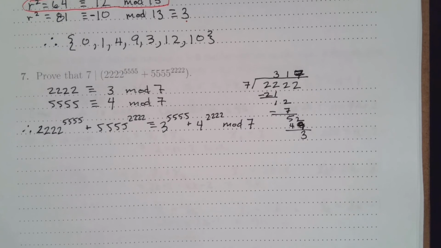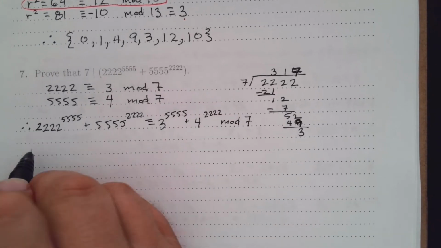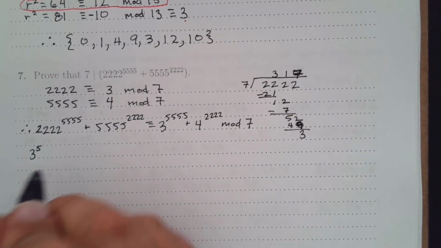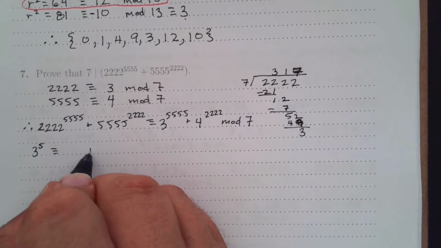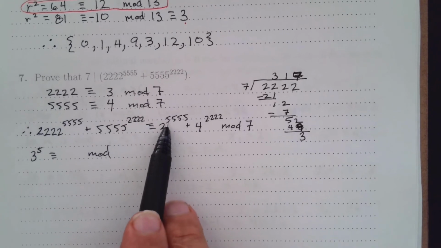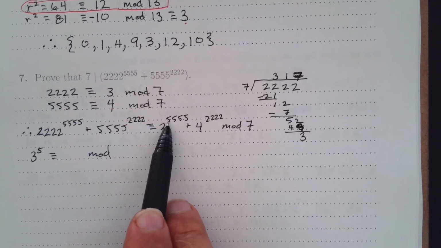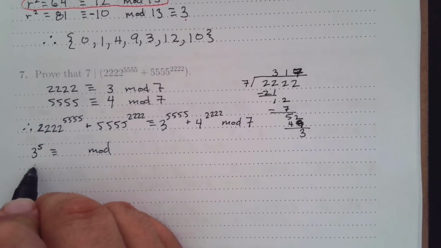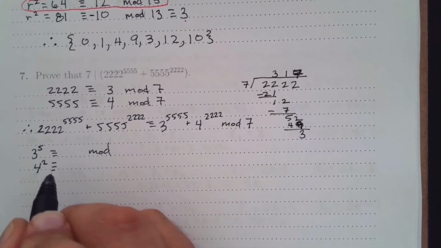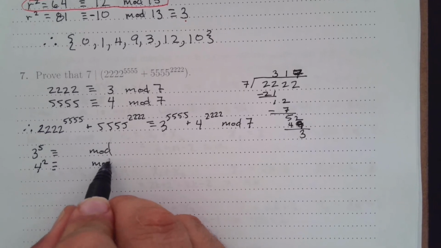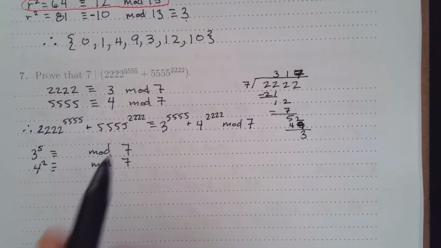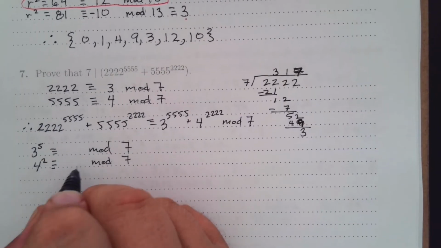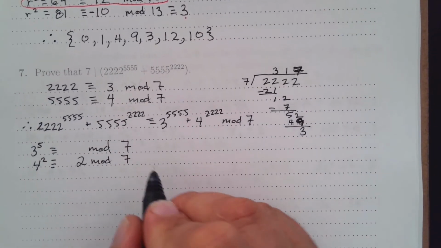Now what we might do here is look at what 3 to the 5th is equivalent to mod 7, because I know that 5 times 1,111 is going to get me this, and I'm also going to want to know what 4 squared is equivalent to mod 7. 4 squared might be easier for most people because 4 squared is 16, and so that's clearly going to be 2 mod 7.